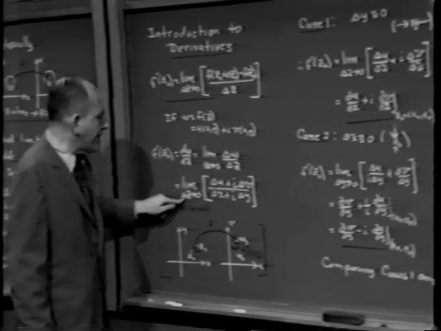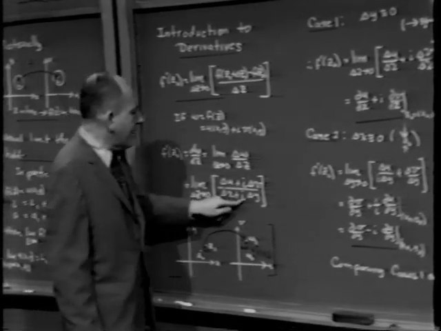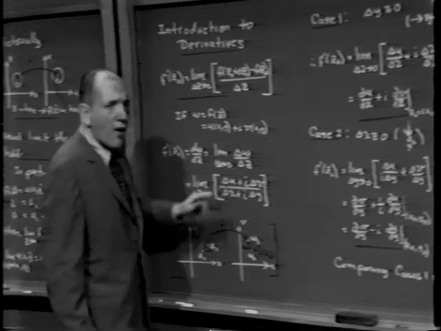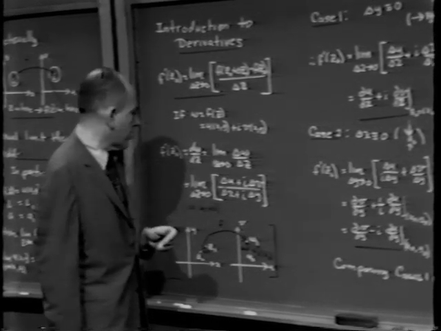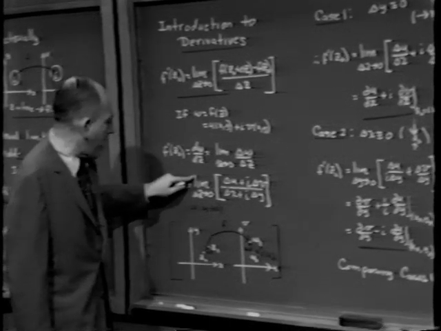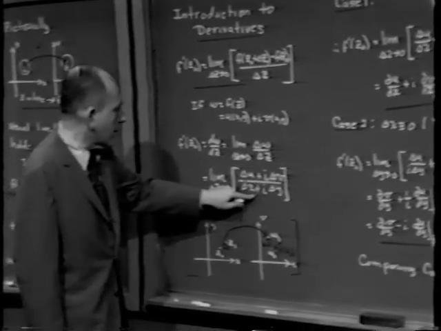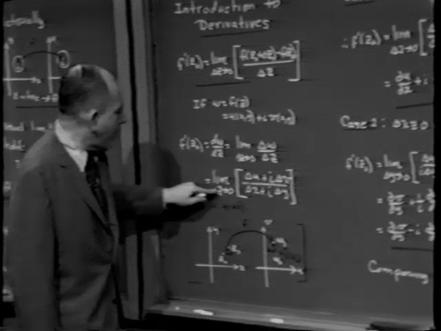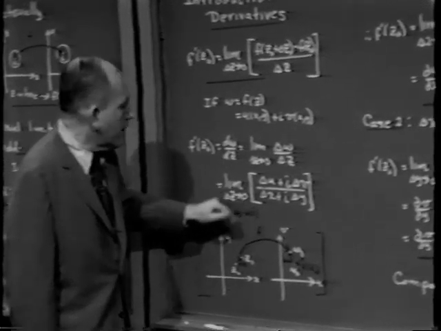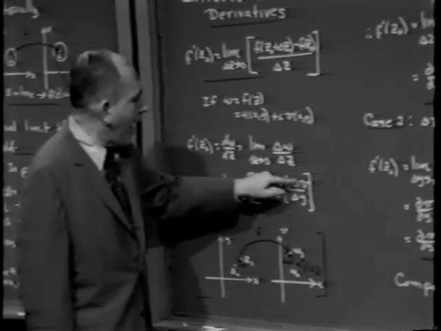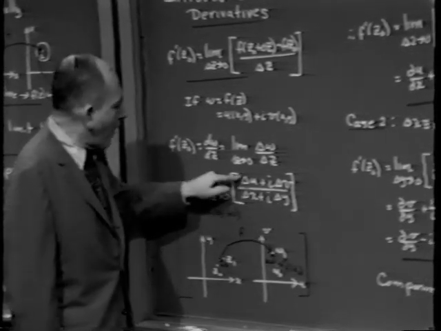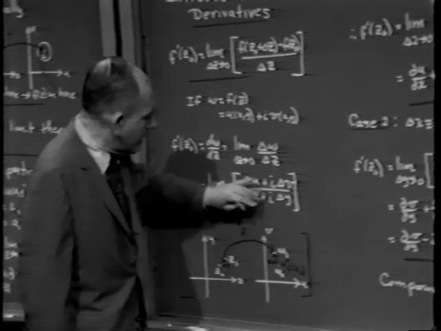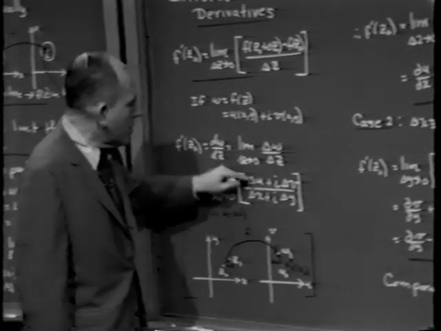Delta z is just I delta y. Since I is a constant different from 0, the only way that I delta y can approach 0 is if delta y approaches 0. Consequently, with delta x 0, this reads: the limit as delta y approaches 0, delta u plus I delta v over I delta y. And if I now divide each term in here by I delta y, you see what's going to happen.